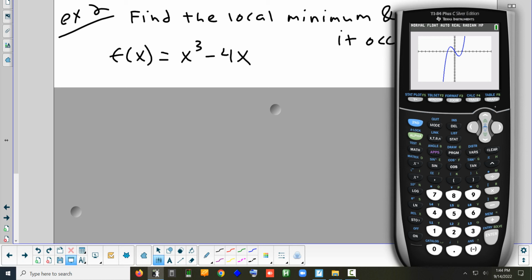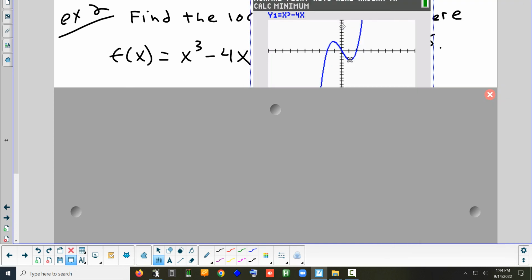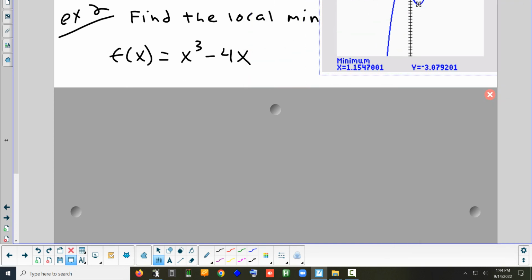So once I know the minimum, I know the maximum. But you could try it if you want. So second calc, minimum. And we have to hit enter 3 times. To the left. To the right. I think I got it. Enter. And we get a minimum of, well, you tell me.